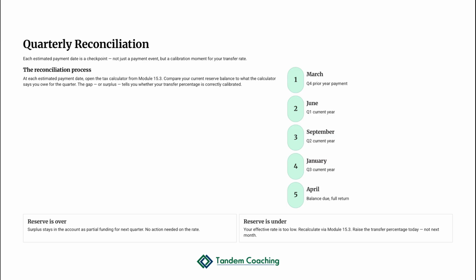Under means the effective rate is wrong and recompute is the only response. Recompute through module 15.3 with year-to-date numbers and raise the transfer percentage immediately. The reconciliation is what catches an undersized rate before 3 more quarters compound the gap into an underpayment penalty.